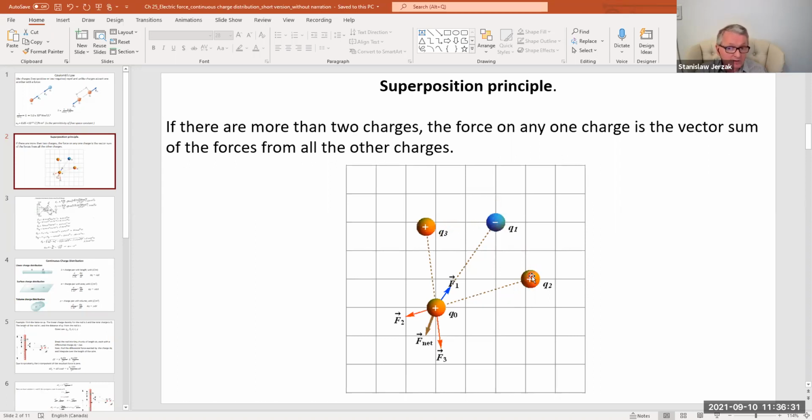Of course, there are three forces acting on Q2 because Q2 is repelled by Q0, Q2 is attracted by Q1, Q2 is repelled by Q3, which is positive. So on each of these charges, there are now three forces in action. But in this slide, I'm just calculating the force acting on Q0. So the superposition principle is very important, and that's what we will be using many, many times in physics 2020.